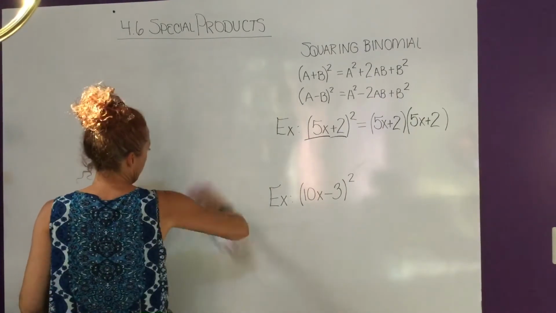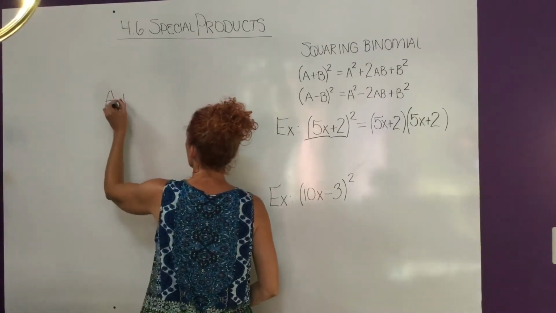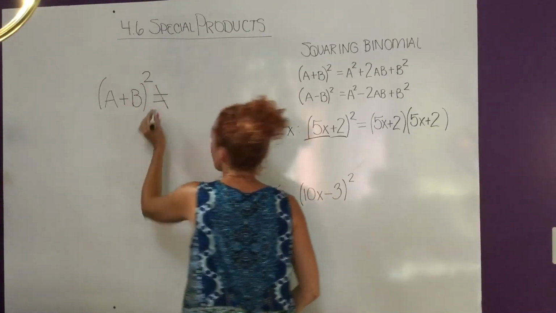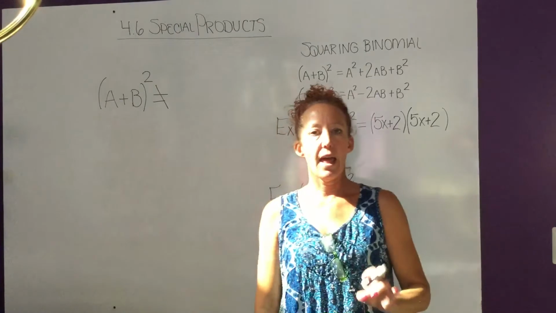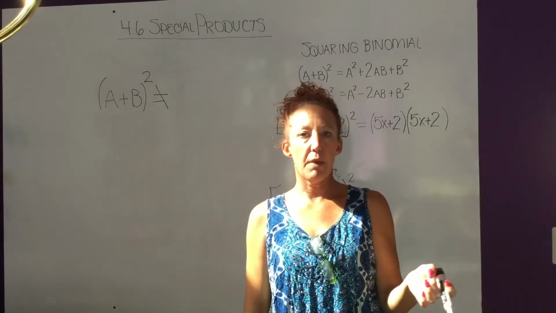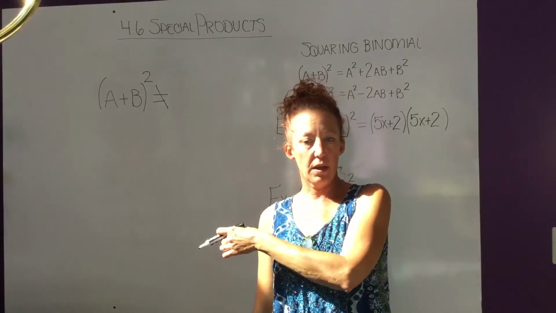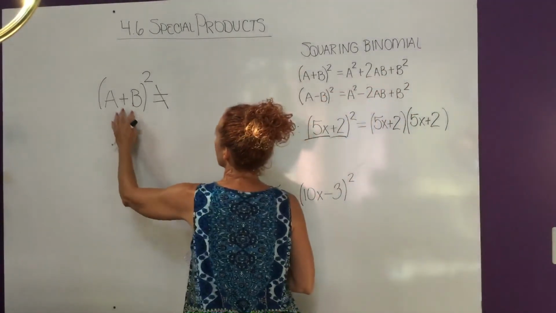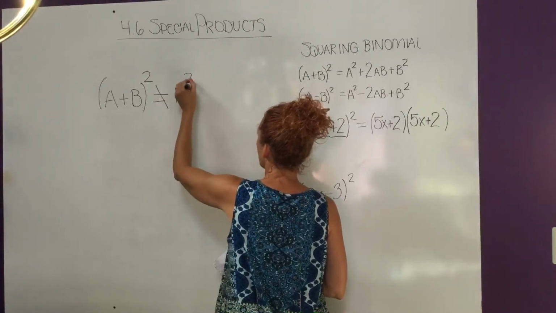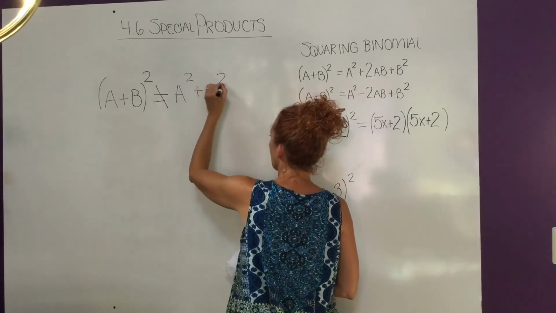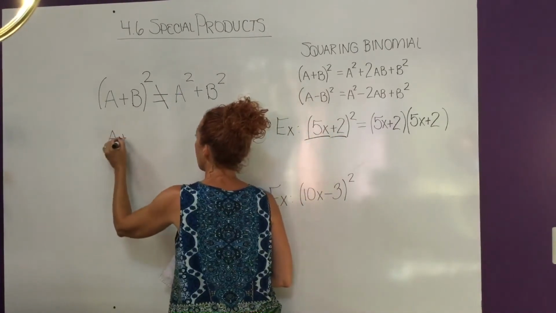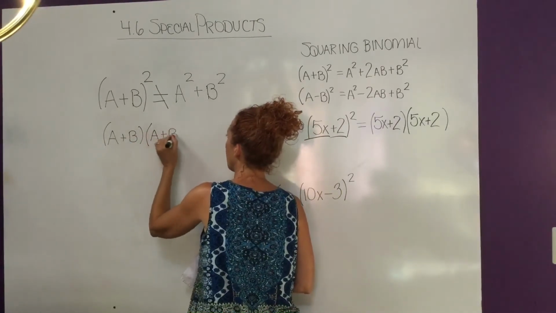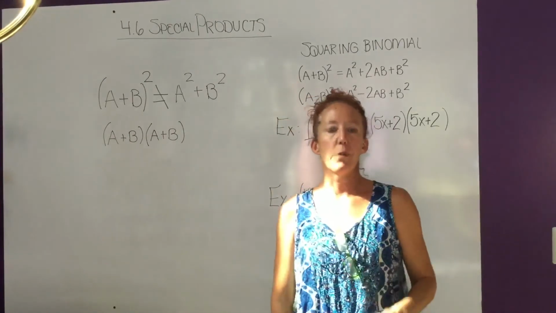Before I continue with that example, I cannot stress this enough. When we add more complicated math concepts to this concept, some of you will revert back to doing this. This does not mean a squared plus b squared. It means a plus b times a plus b, which means you have to FOIL.